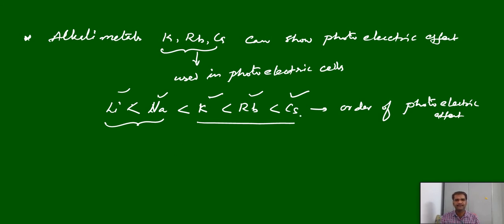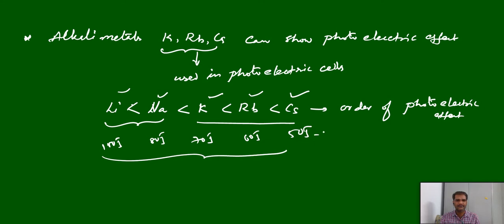Here for example, cesium has 50 joules, rubidium has 60 joules, this is 70, this is 80, and let us assume this is 100 joules. These are all ionization energy values.